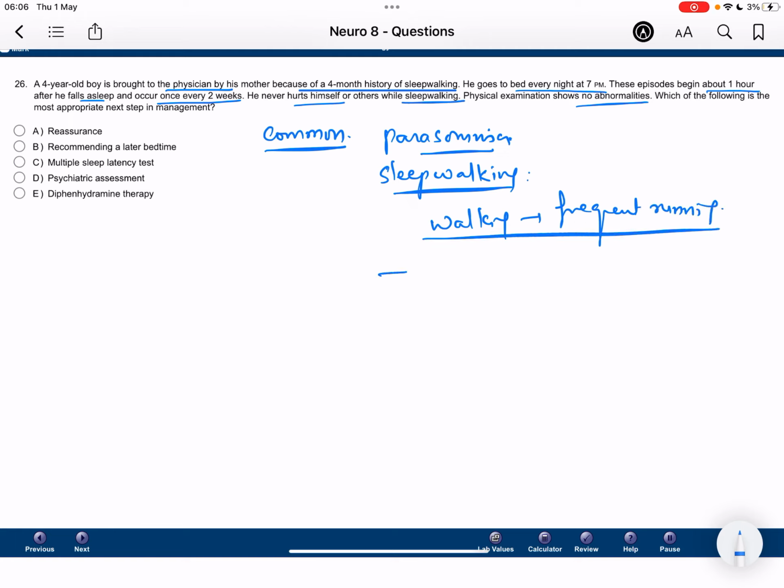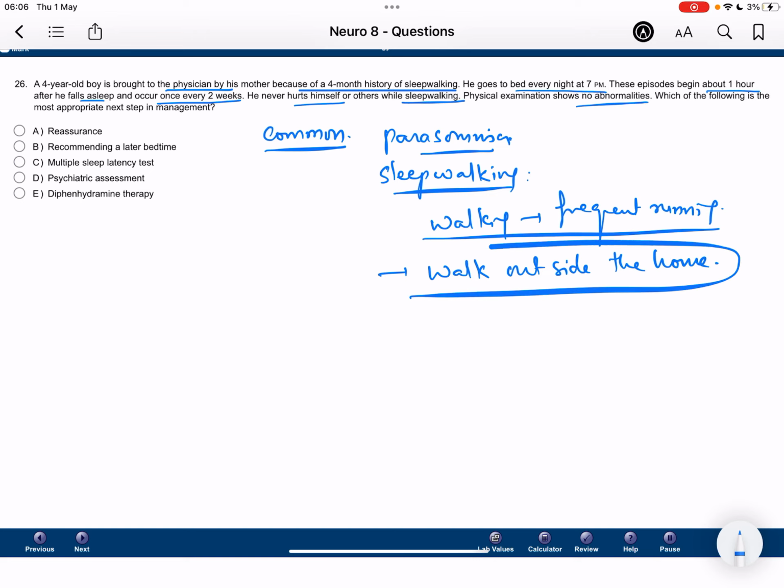Sometimes the patients can also walk outside the home. Remember, this is normal in children. But if the patient has other comorbidities such as snoring or any other abnormalities, it is usually polysomnography that we will have to do.